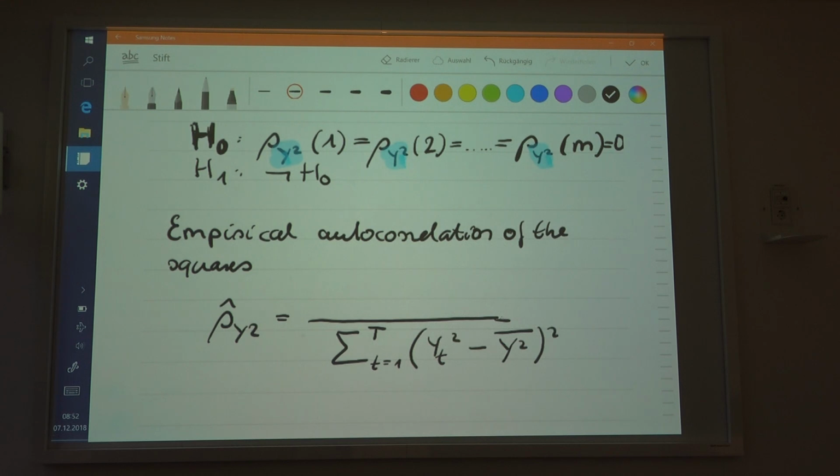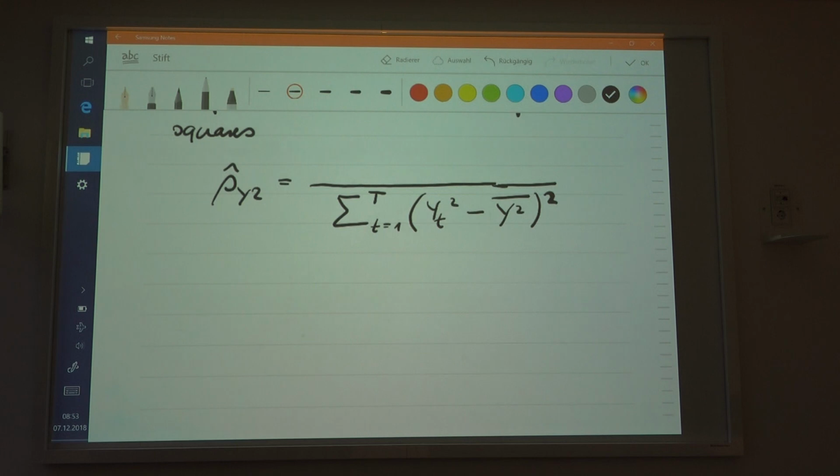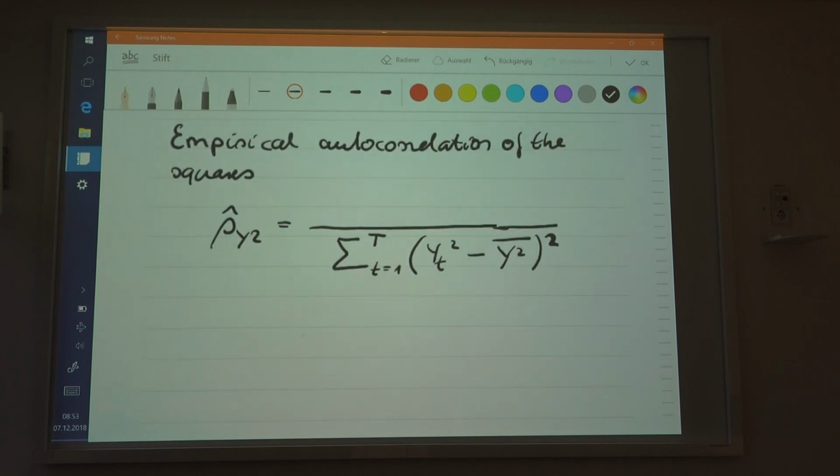This is the sum of the squared distances between squared observations, and y squared bar is the arithmetic mean of the squares.